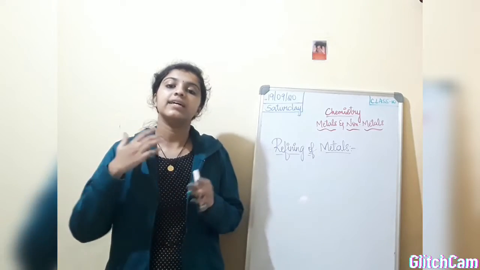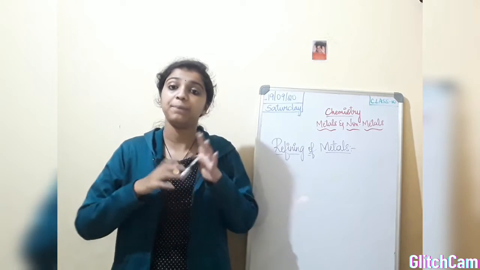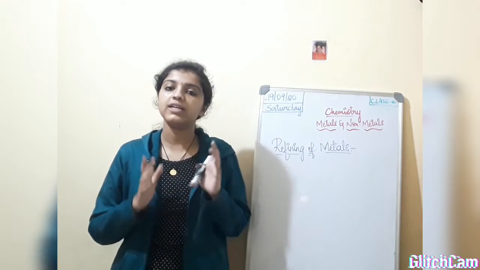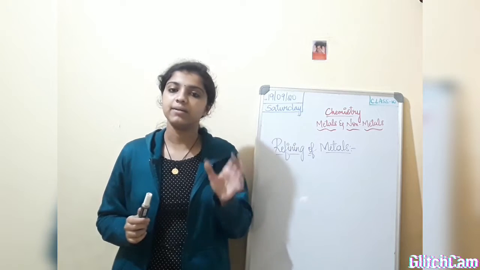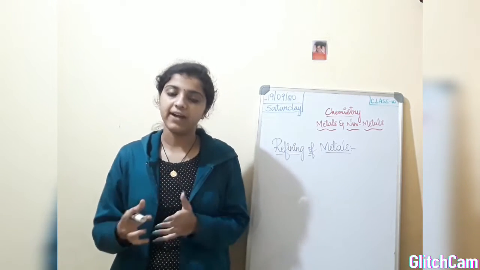When we use the reduction processes that we discussed earlier, the metals are not in their pure state. They contain some impurities which have to be removed. Metals have to be refined to become pure.